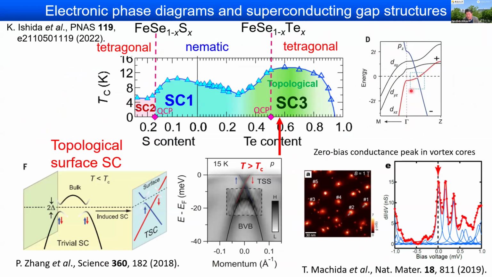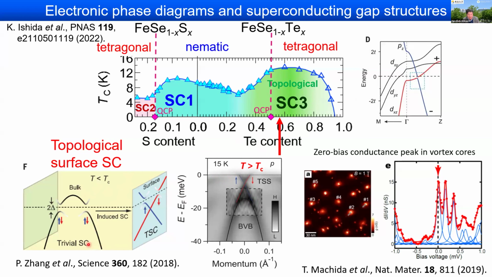So the electronic structure in this SC3 phase is considered topologically non-trivial, okay? And then there are ARPES measurements showing that indeed on the surface, we have this kind of Dirac cone-like electronic structure, which is a topological surface state. And then you have superconductivity with TC of about 14 Kelvin.